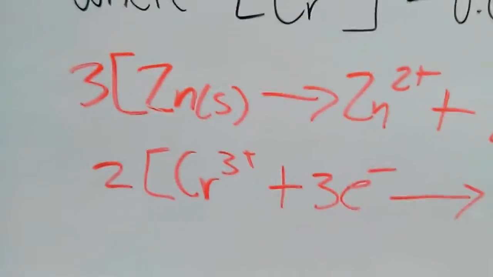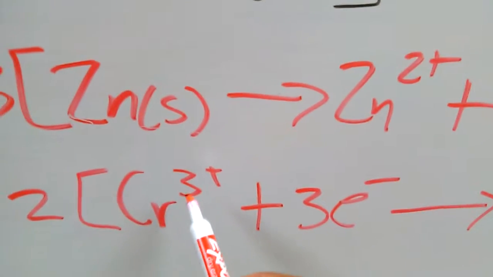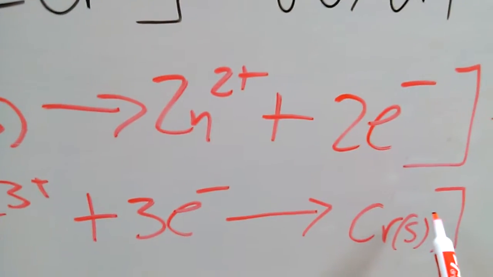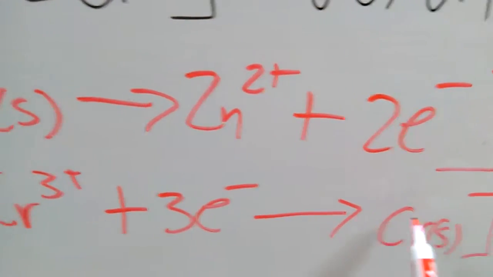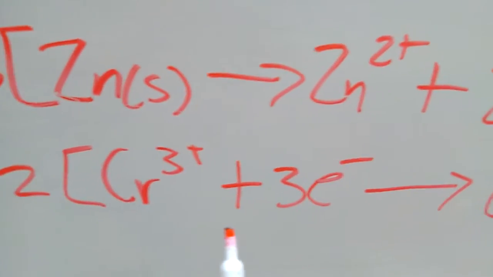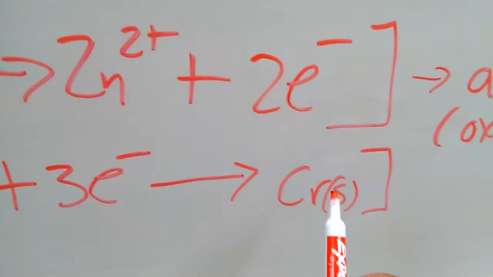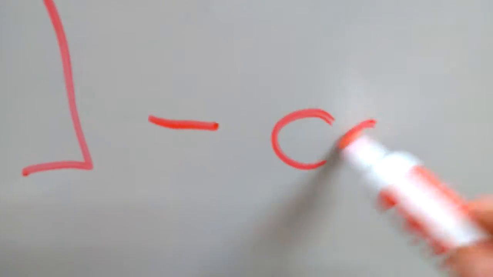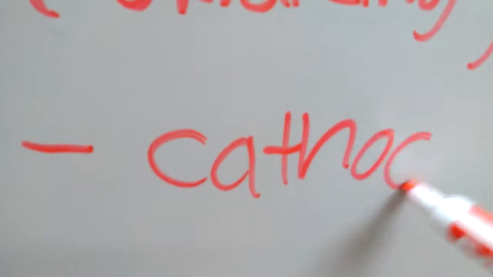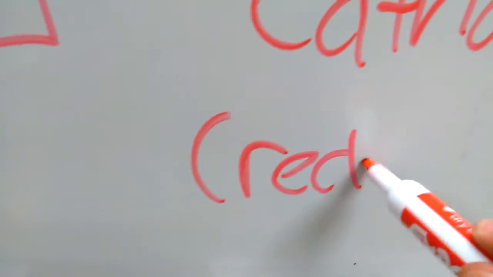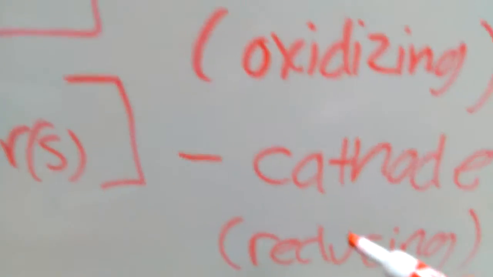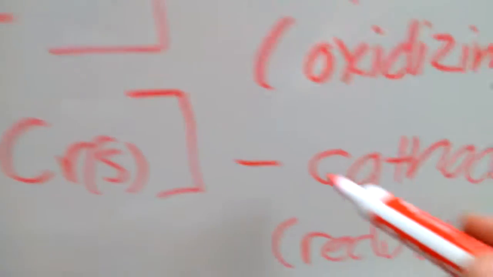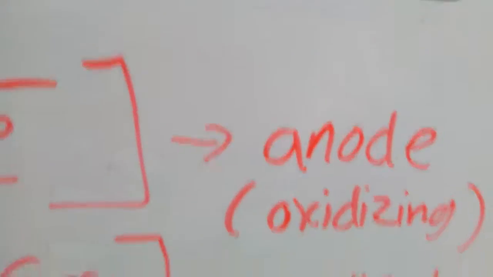If you look at the charges, you're going from a 3 plus to a 0 charge, so you're gaining 3 electrons in order to go to your 0 charge. If you're gaining electrons, you know this is a cathode, and you can remember your cathode is reducing, so reducing is gaining. If you remember the consonants C and R, and then the vowels O and A, you'll find out exactly what it is.